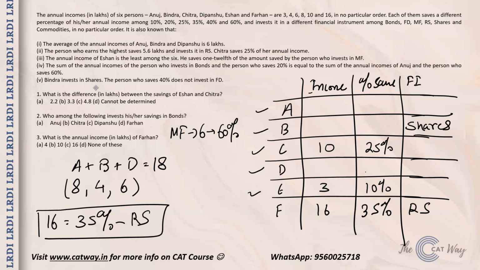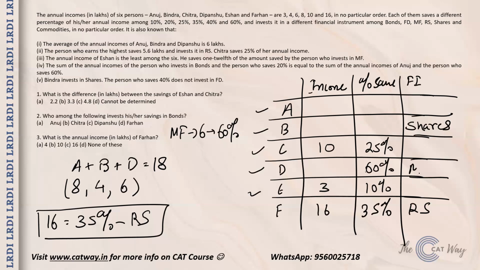Now 60% is not going to be Anuj, because the 60% person is from the mutual fund. So these are two different people. That means Anuj is not saving 60%. That means it is Dipanshu who is saving 60%.